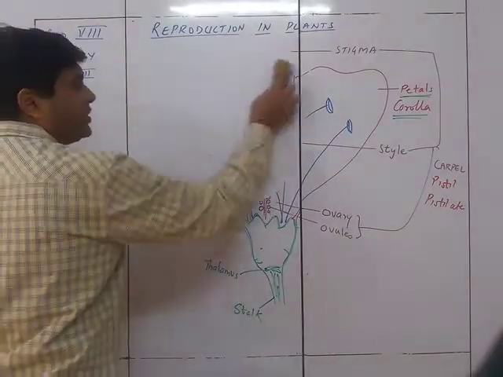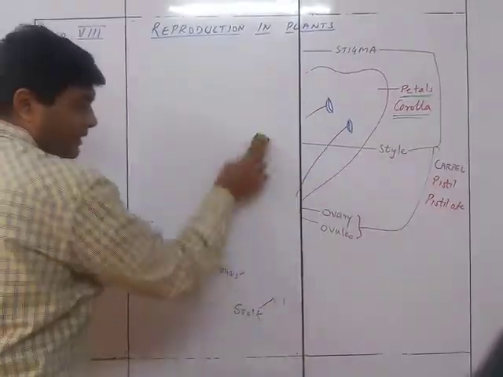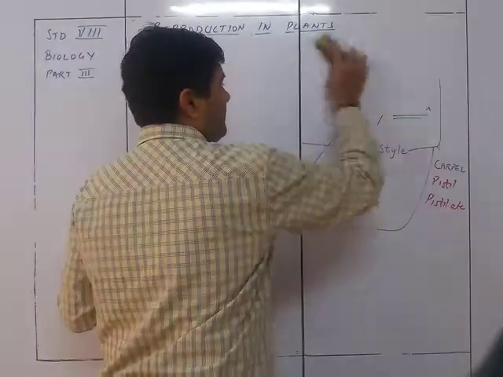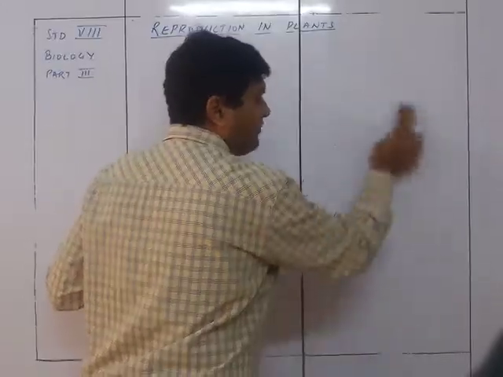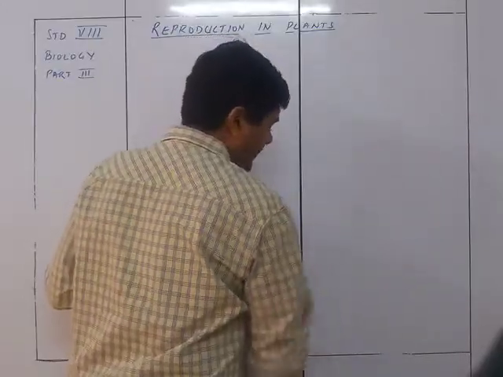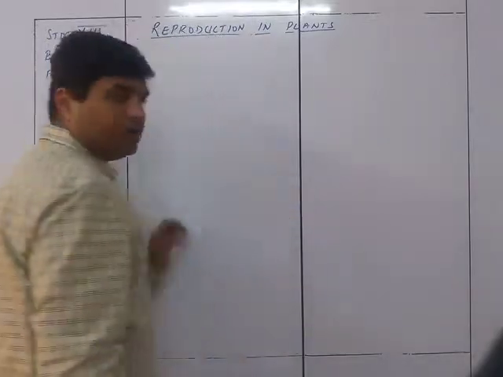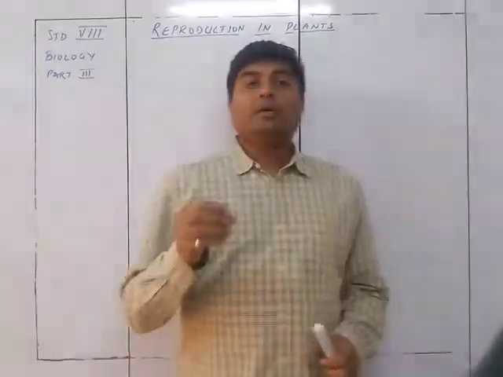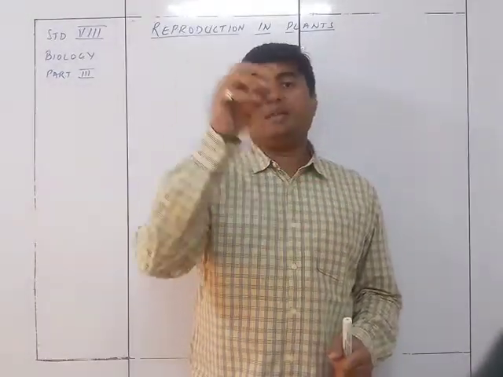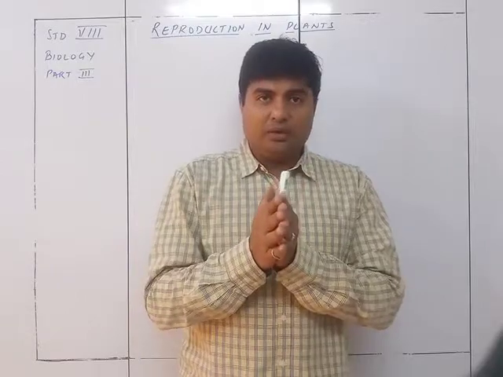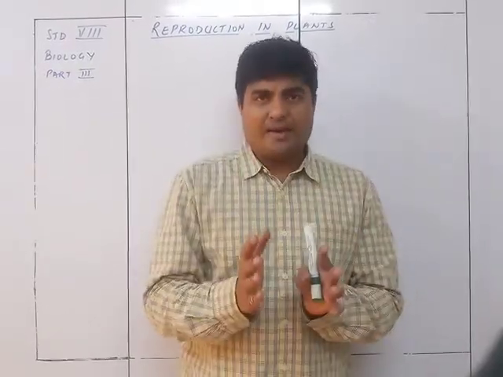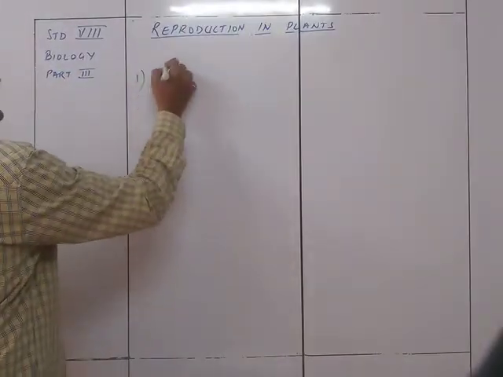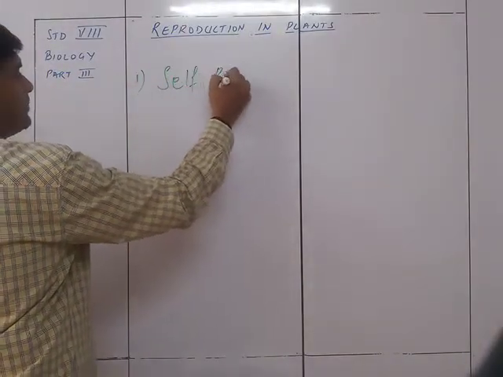The pollination is of two types. One is the one in which the pollen grains of the same flower are going to be sitting on the stigma of the same flower. That means if the pollen grains and the stigma are both of the same flower or of the same plant, then such a kind of pollination is called self-pollination.